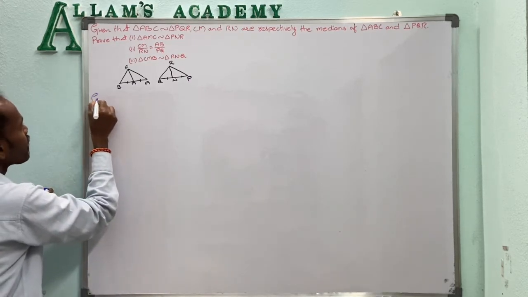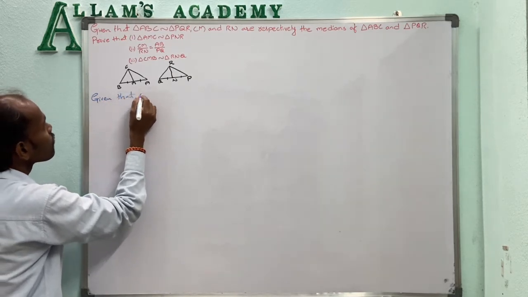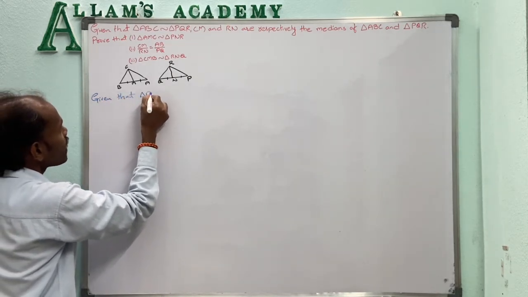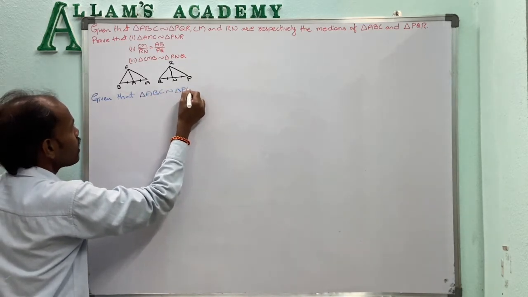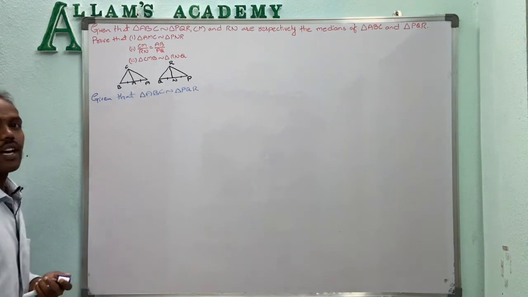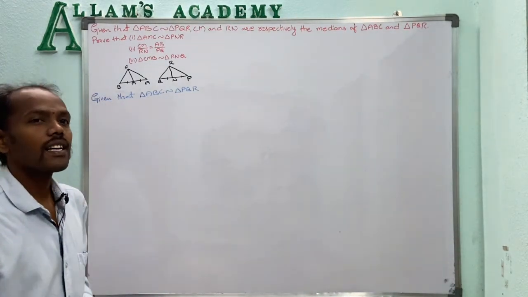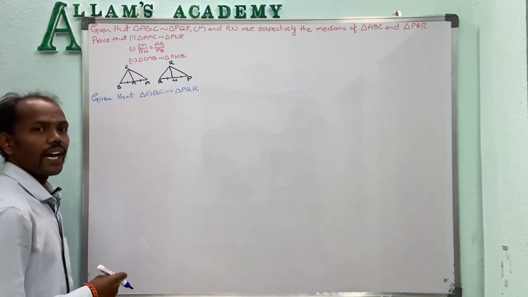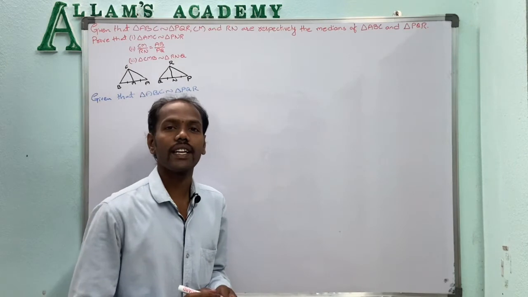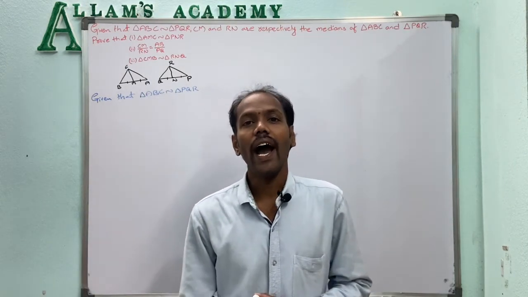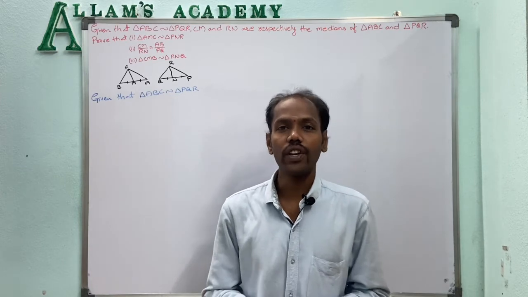Given that triangle ABC is similar to triangle PQR. Here our two given triangles are similar. If two triangles are similar, then their corresponding sides are in equal ratio and the corresponding angles are equal. We know that already.